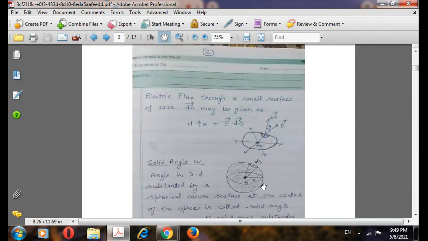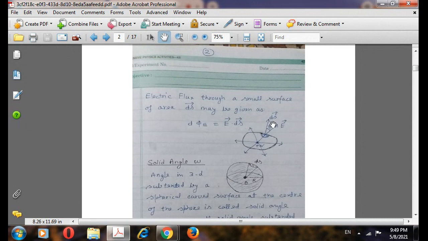Now, next thing, small electric flux. Small electric flux may be shown by d phi e in calculus language, when the electric force lines are passing through a small area, a small part of any surface.